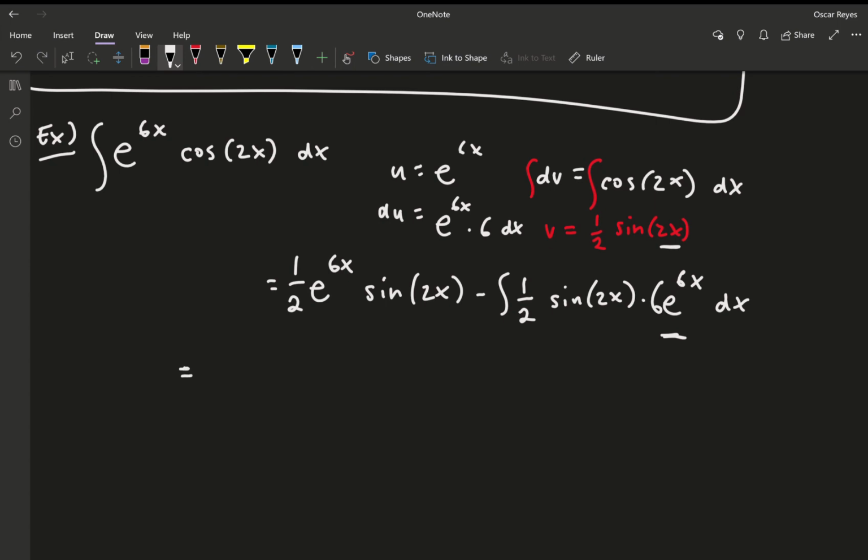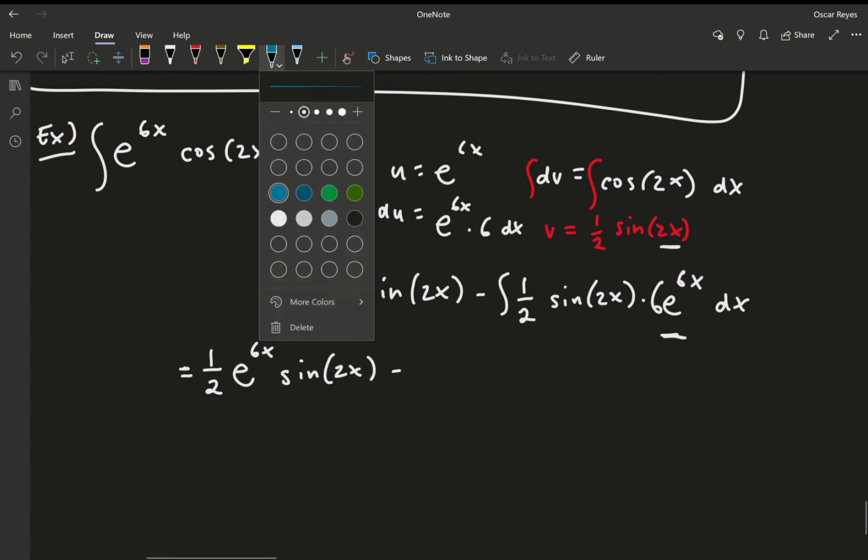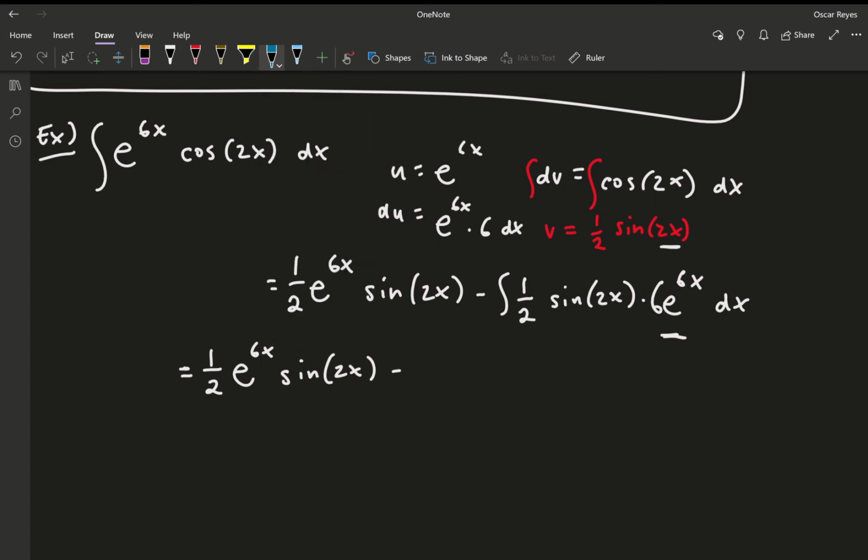So let's say it equals 1/2 e to the 6x sine 2x minus, and now let's decide which one to set equal to u and which one to dv. We said we're going to set our e^x back to equal to u.